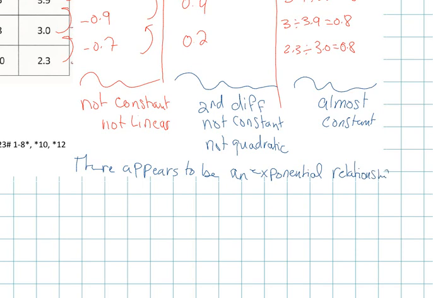Since this is a decay factor, if you look at this, this is decay because it's between 0 and 1. Since the decay factors are approximately constant.